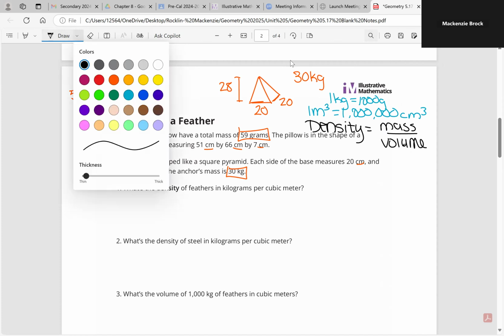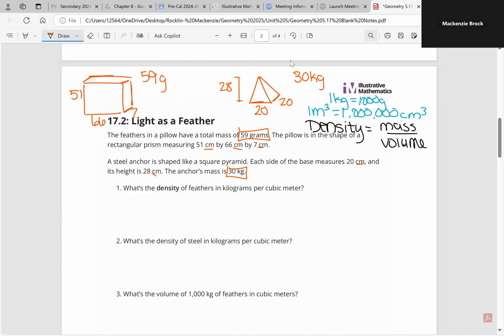Okay, so what's the density of feathers in kilograms per cubic meter? If you look at the information that we have for the feathers, we have centimeters and grams. We do not have kilograms and meters. So before I do anything, I need to convert my information. So I have 59 grams.